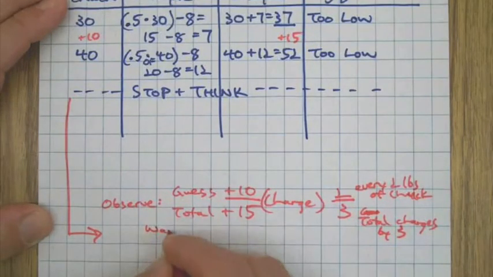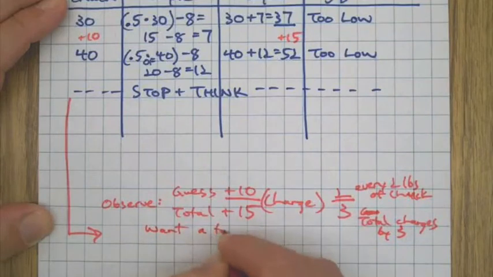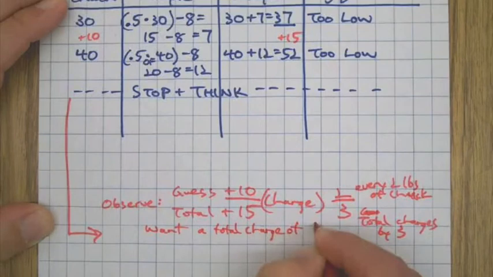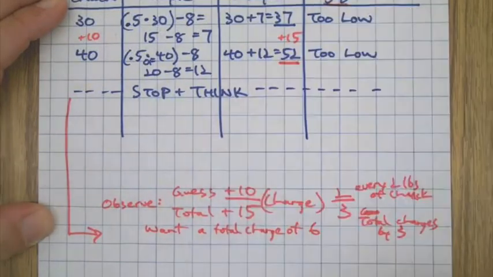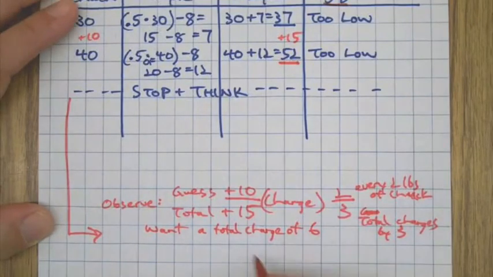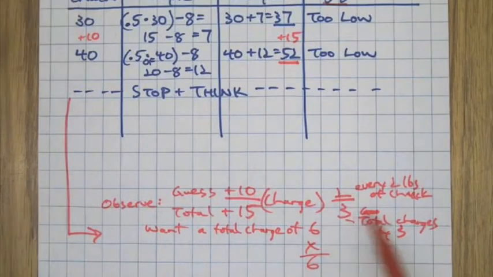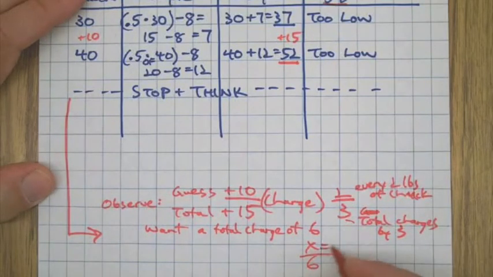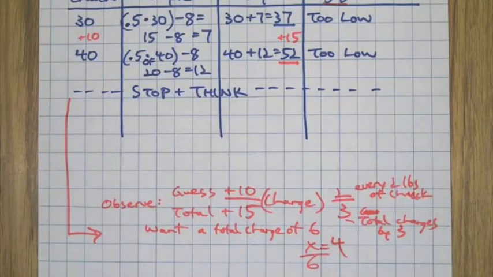I want a total change of 6, right? Because I need to get from 52 to 58. So the total is on the bottom here. So the question is, if 2 pounds of Chuck gets me 3 pounds of change, how many pounds of Chuck are going to get me 6 pounds of change? The answer is 4. So I need to increase Chuck's weight by 4.